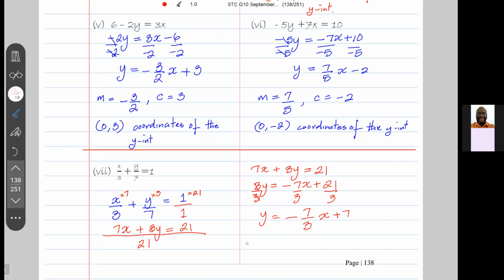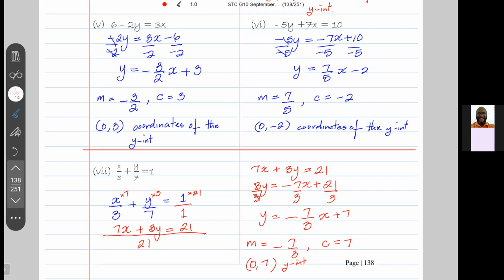So now the gradient m is minus 7 over 3. The y-intercept c is 7, and (0, 7) are the coordinates of the y-intercept.